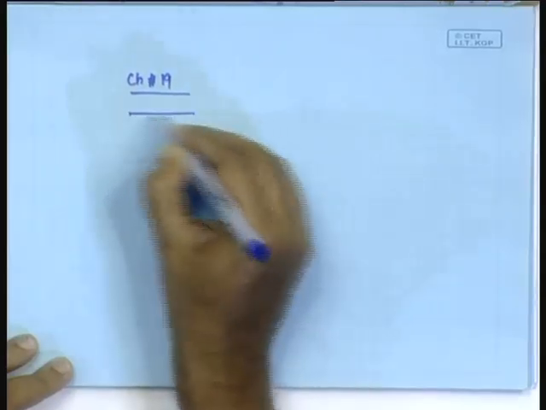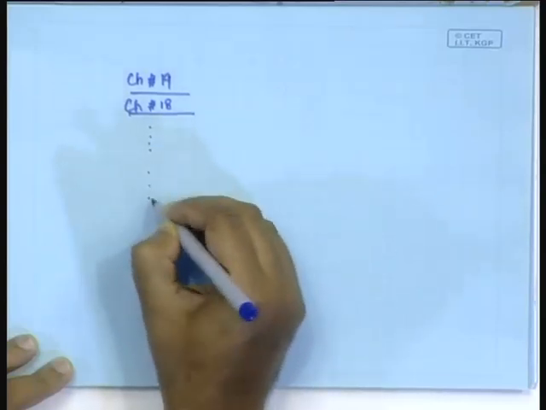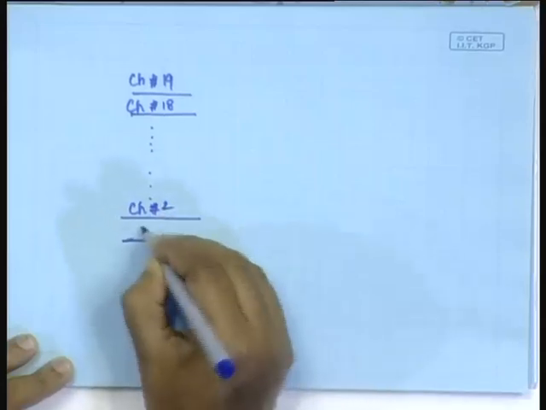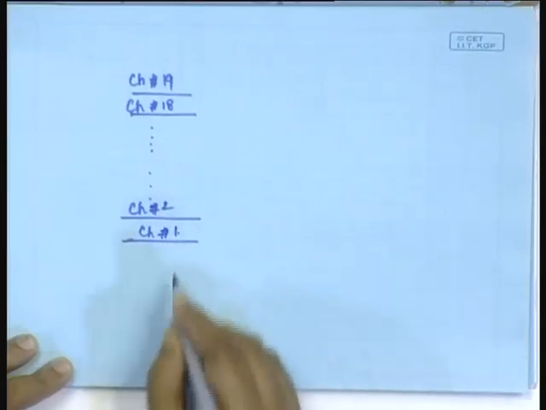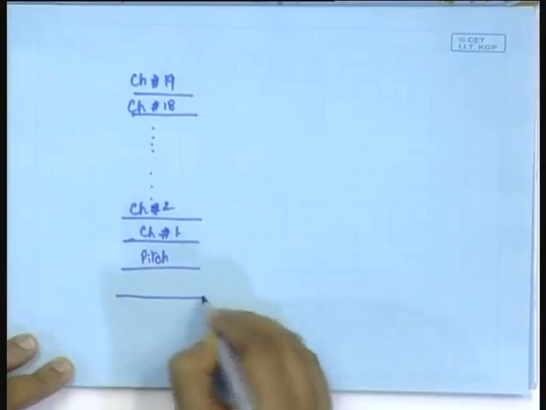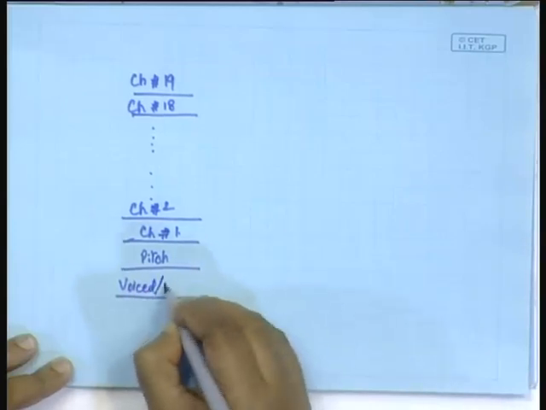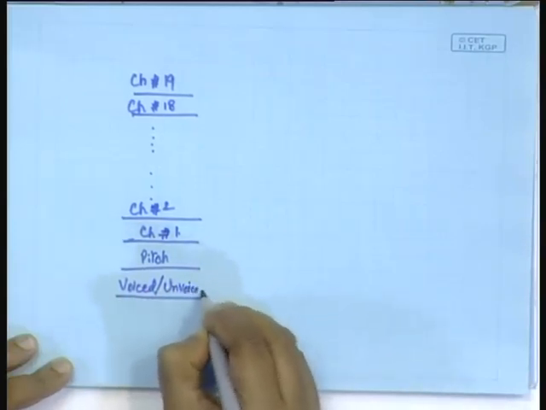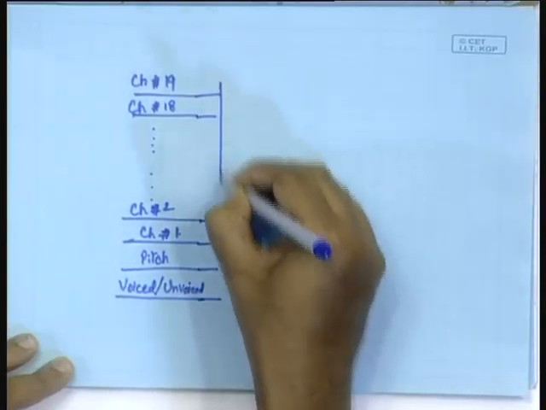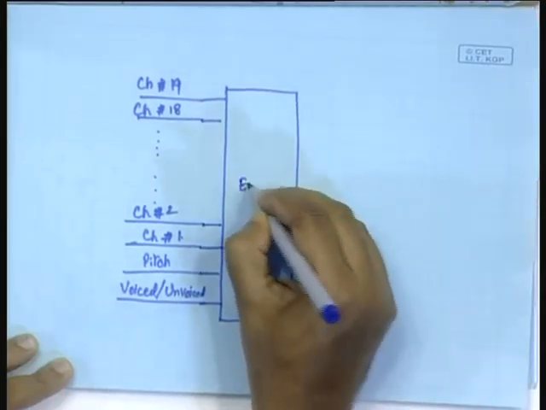So, this is channel number 19, the highest frequency, channel 18 and so on up to channel 2, channel 1 being the lowest frequency, and then we have the pitch information, and then the binary decision, that is whether it is voiced speech or unvoiced. So, all this will get encoded. Okay. So, there will be an encoder which will be encoding this information together.